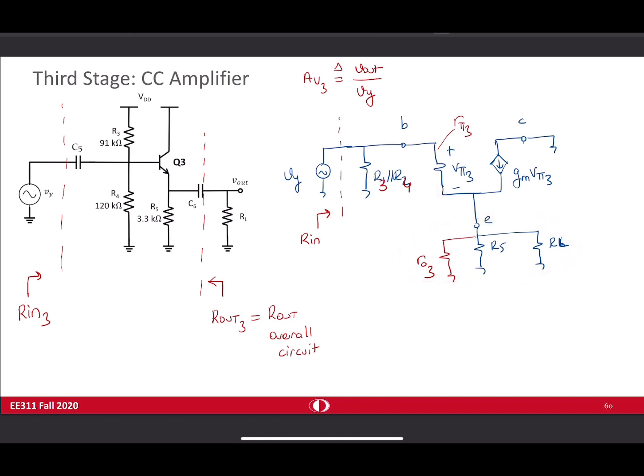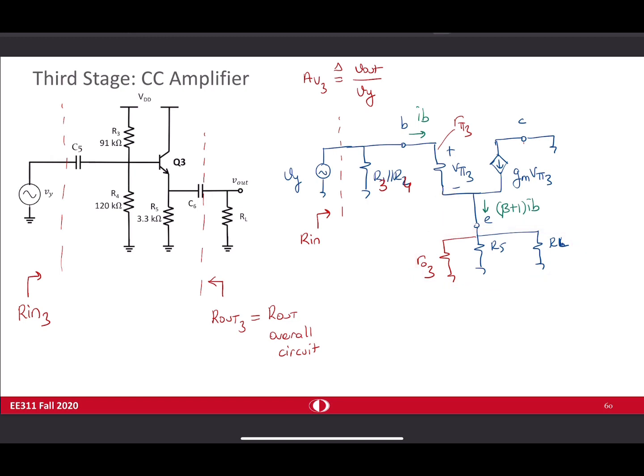Why? Because the current passing through here is I base. The current passing through here is beta plus 1 times I base. By using reflection, you can transfer all these three resistances right in here in series with R pi 3.